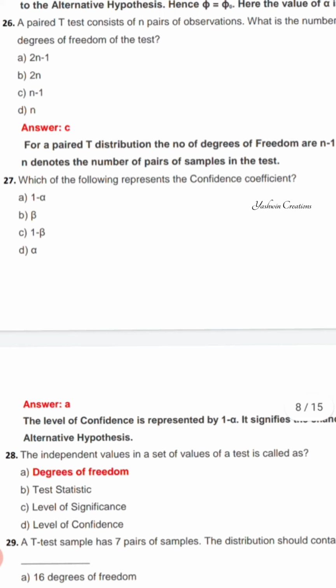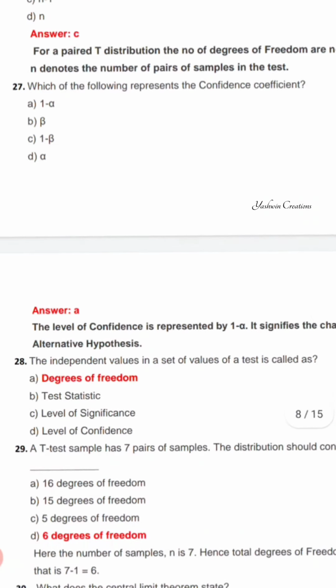The independent values in a set of values of a test are called what? They are called degrees of freedom. A t-test sample has 7 pairs of samples.